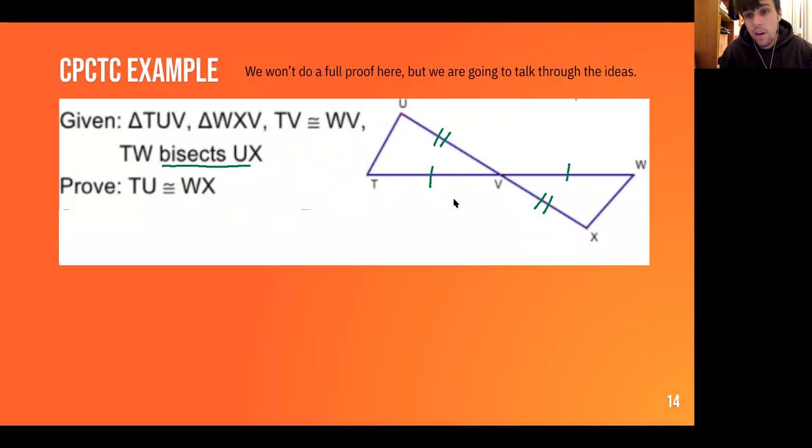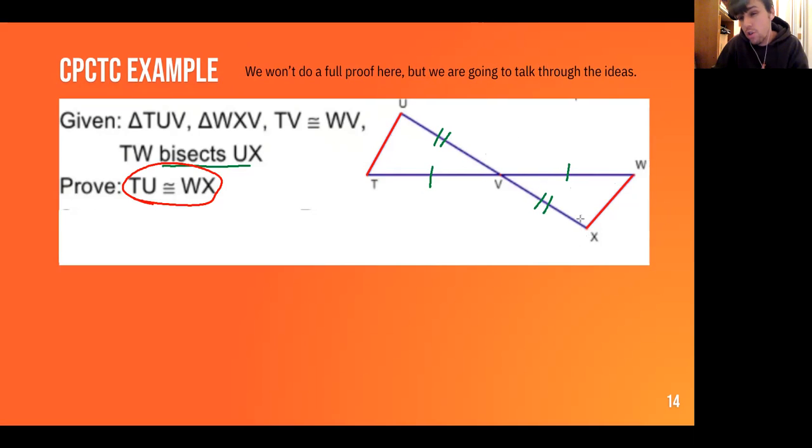All right, well, that's actually a lot of information. We are trying to show that these two sides are equal. So we're trying to show that TU is congruent to WX. Well, I don't know anything that can directly show that.